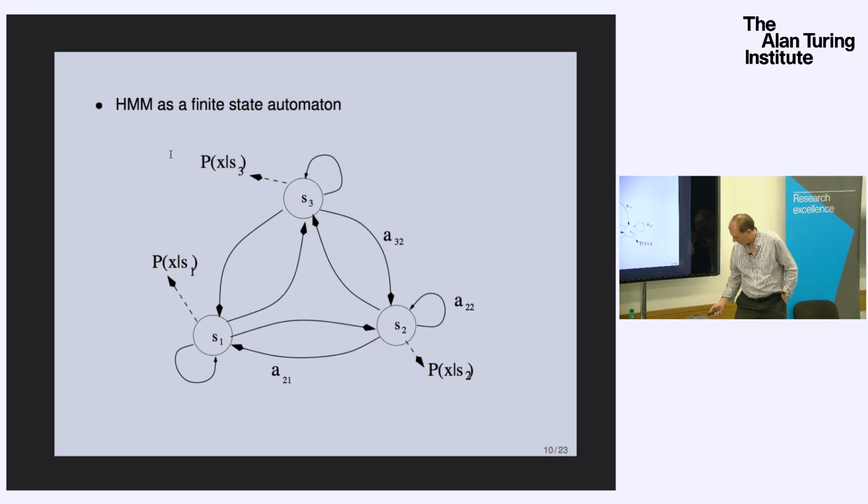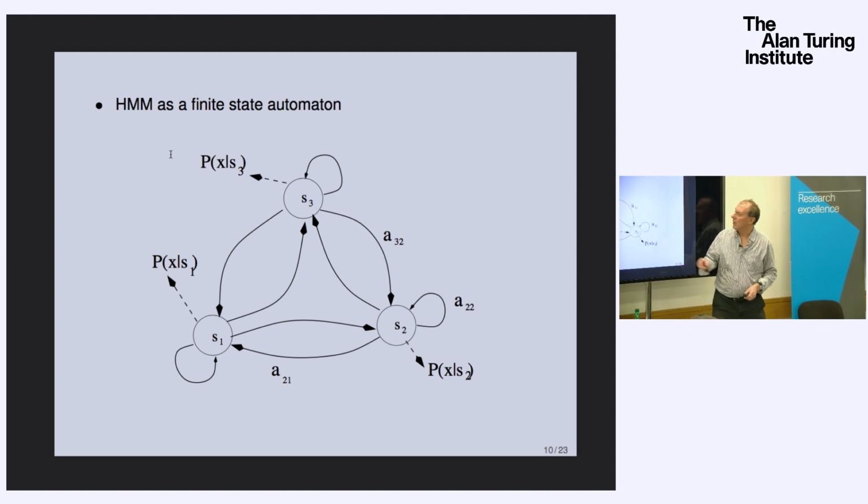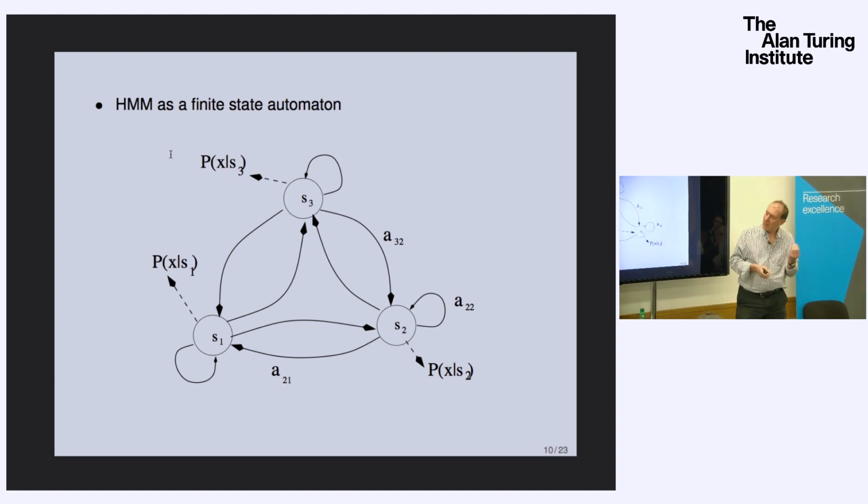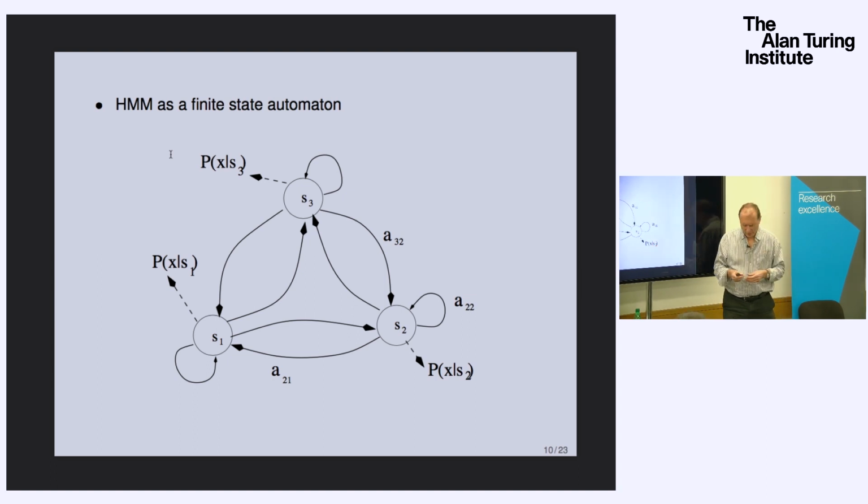If we're in, say, state 3 and we transition to state 2, then we have this A32, okay? So this is the way we can think about this as a finite state automaton. And we also have to think that we emit a symbol when we enter these states. So we have this conditional distribution of, say, x given S2. And this is, again, relating back to our mixture model idea. So that's how to translate these things if you're used to thinking about finite state automata.